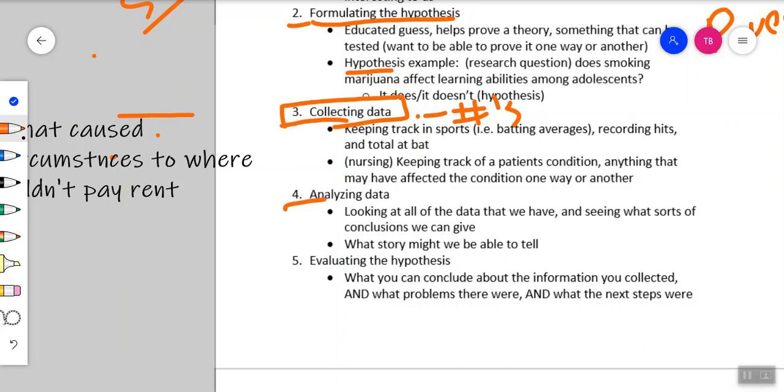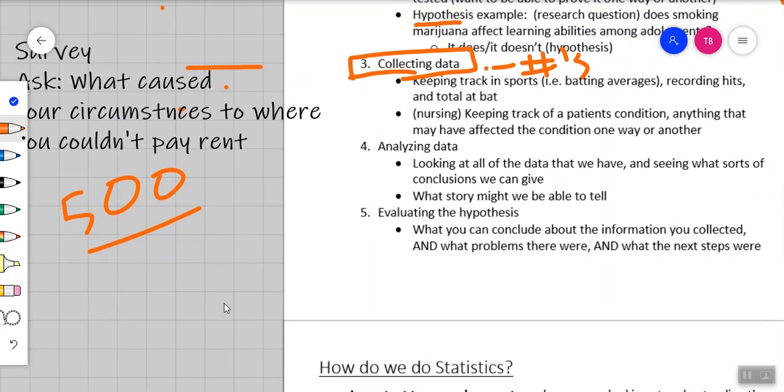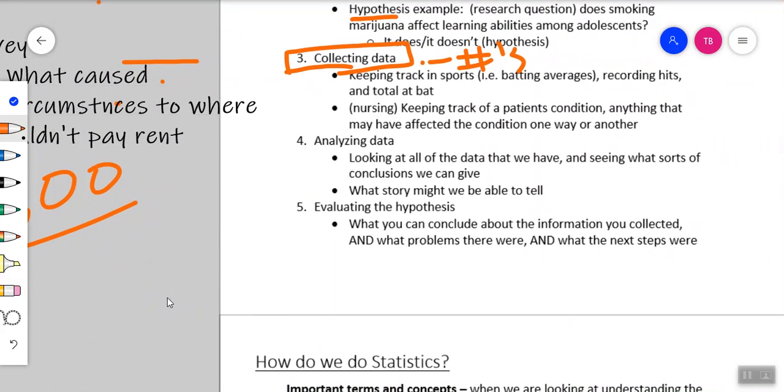The next step would be analyzing the data. Say you collected 500 surveys, and you found that indeed most of the people that answered that survey were facing poverty or had lost their job before. When you're analyzing your data, you're looking to see what story the numbers can tell. Finally, at the last step, you evaluate your hypothesis to see how you did.